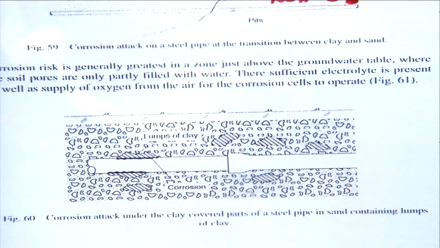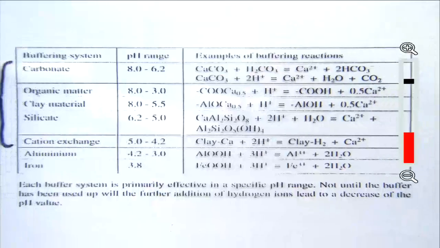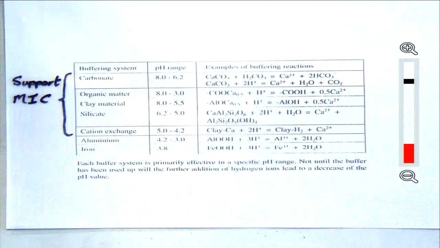So you have a clay layer and a sand layer. If you put your pipeline above the clay layer, if it's in the sand, it's going to stay drier, isn't it?